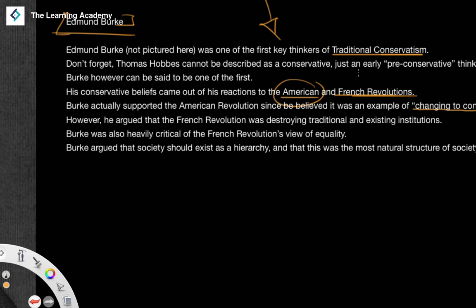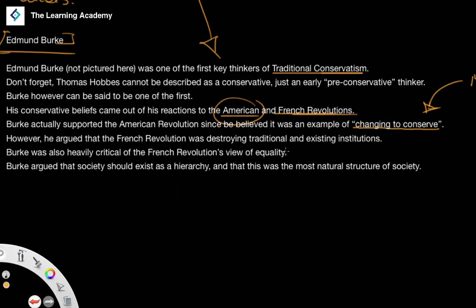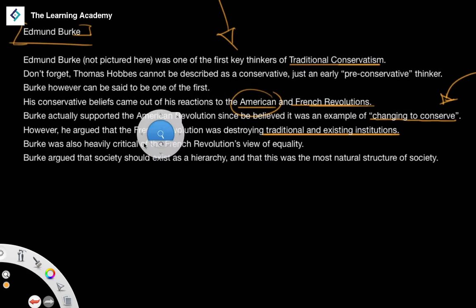Burke argued against the French Revolution partly on the grounds that it was destroying the traditional and existing institutions. And this is true, the institutions of monarchy, for example. The American Revolution didn't destroy the English monarchy. It simply broke away from the English monarchy.